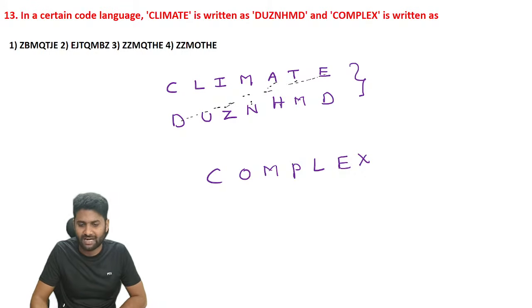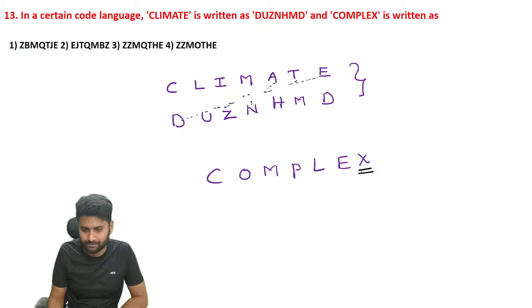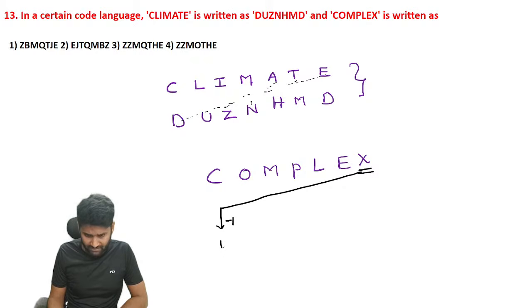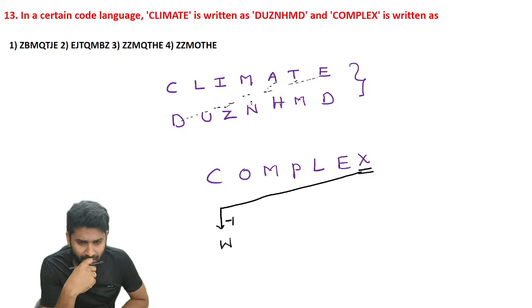See, so we'll start with a minus 1. X is the 24th letter. X is the 24th letter minus 1, which is the 23rd letter, W. So let me check here.